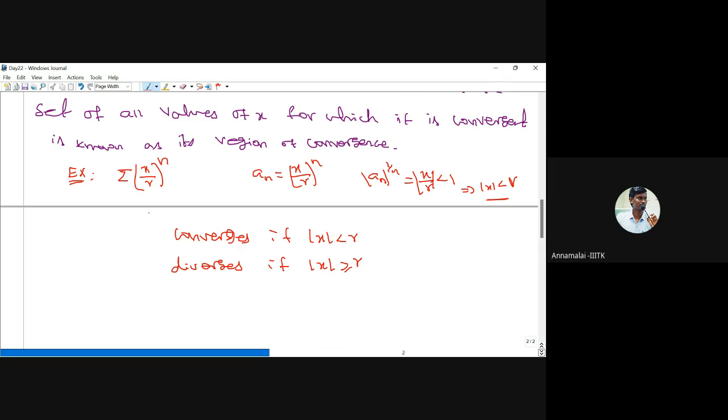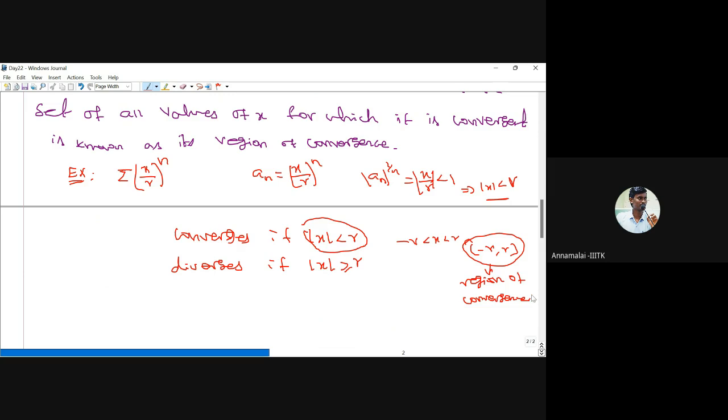That series diverges. Therefore, for x equal to r it also diverges. Now, this region mod x less than r is nothing but the interval minus r strictly less than x strictly less than r. That is the open interval (minus r, r). So this is called the region of convergence of this series.